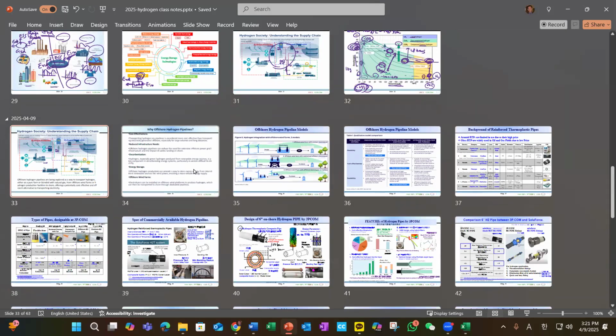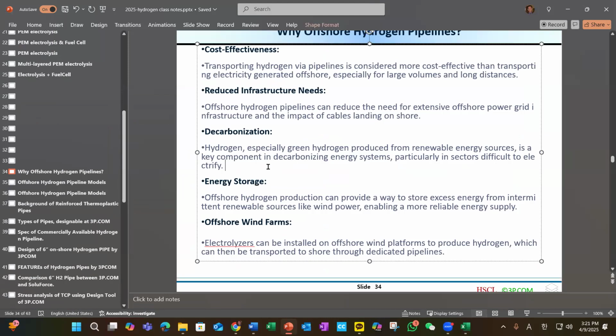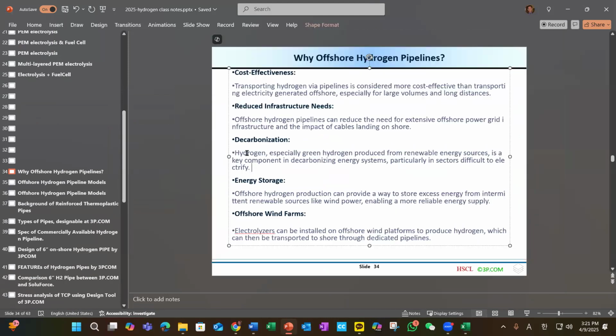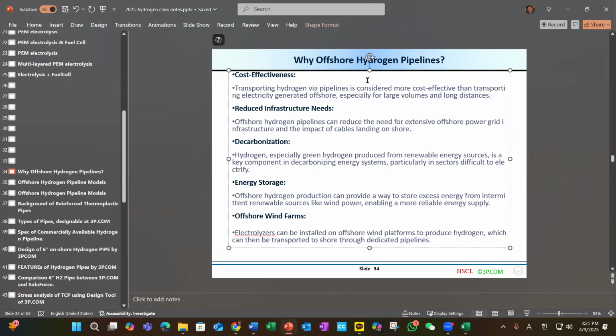Okay, speaking about offshore hydrogen pipelines, they can be cost effective, reduce infrastructure needs, and of course contribute to decarbonization and energy storage.